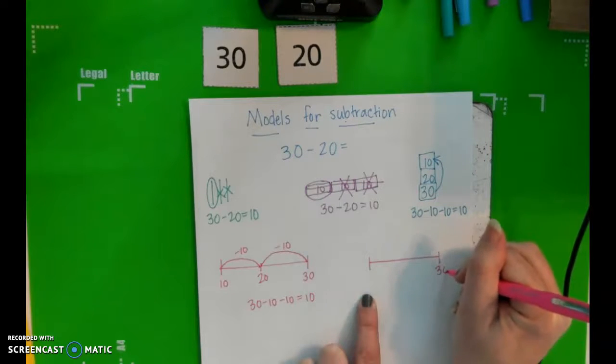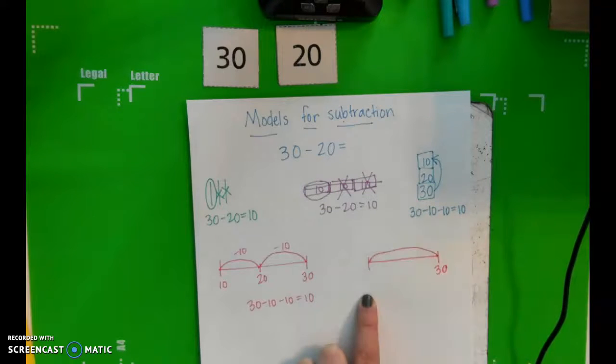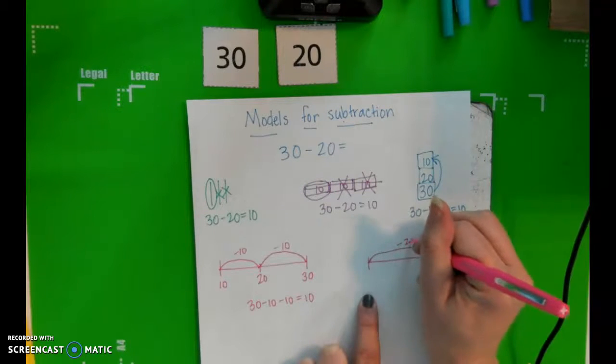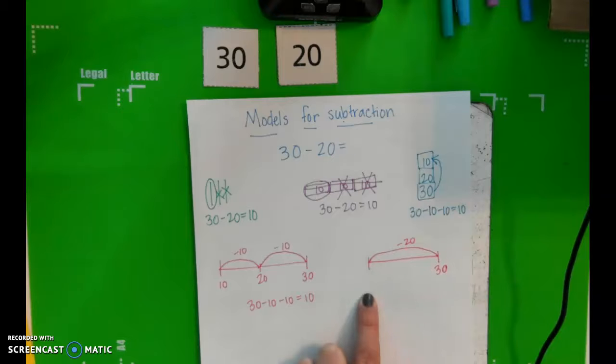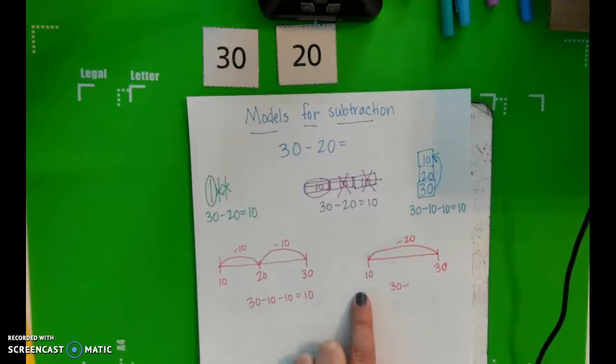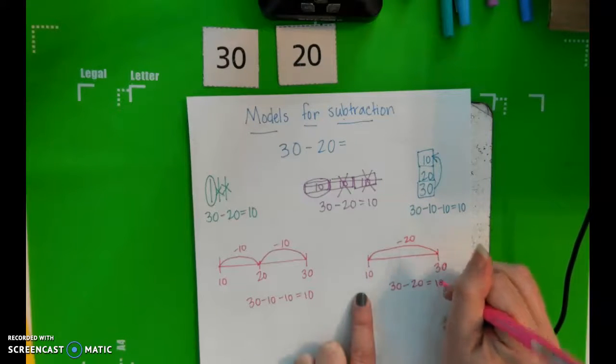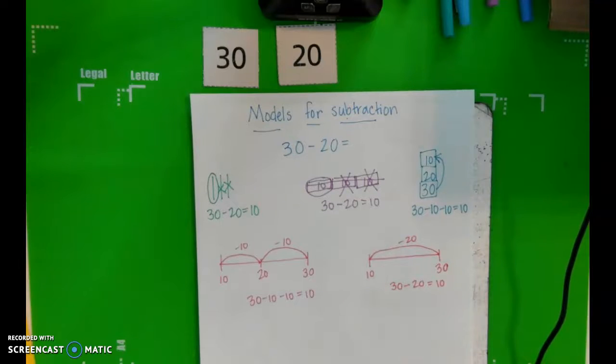So instead of making two little jumps of 10, I can make one big backwards jump of minus 20. And that would land me in the same place. And my equation would be 30 minus 20 equals 10. So there are some ideas as we move into next week, so ways that you can draw a model to represent subtraction equations.